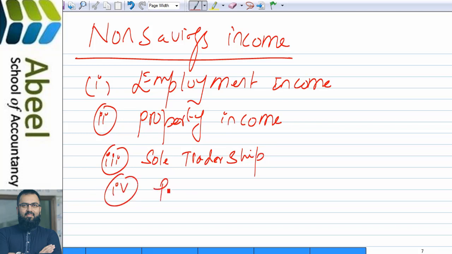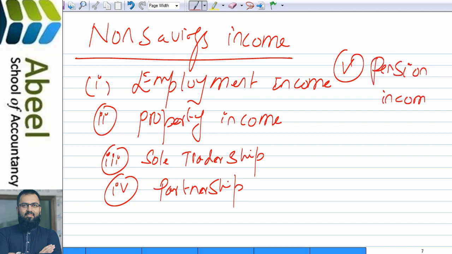Income from partnership falls in non-saving income. Even your pension income falls in non-saving income. There are others also, etc., etc. These are just a few examples of non-saving incomes.